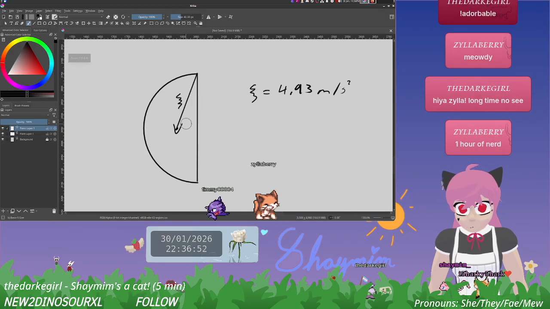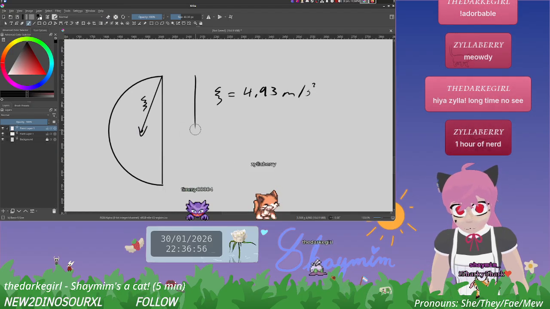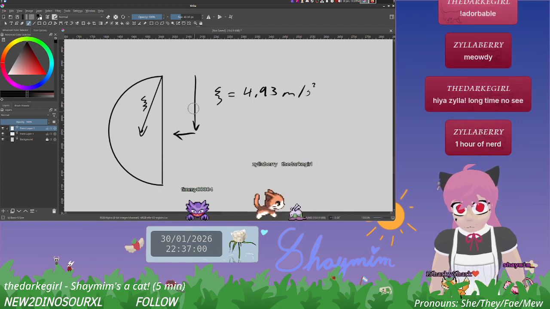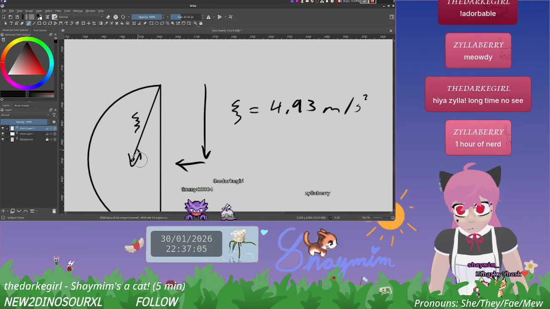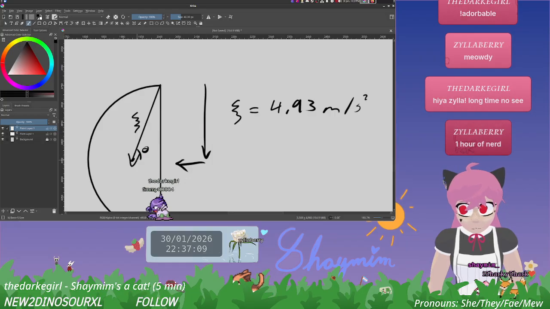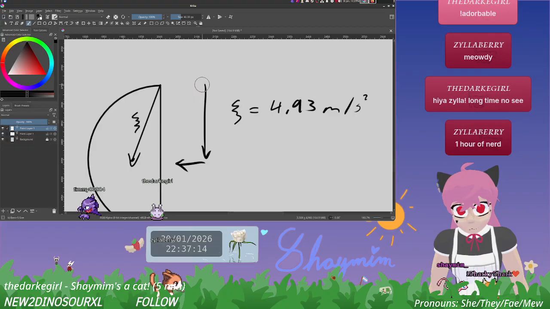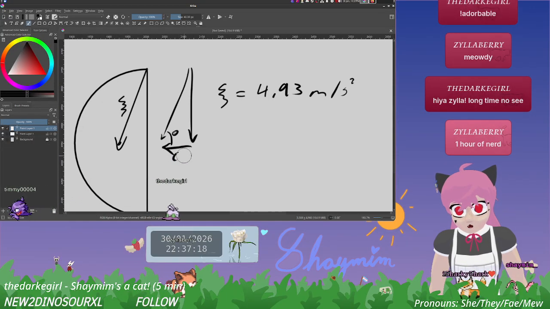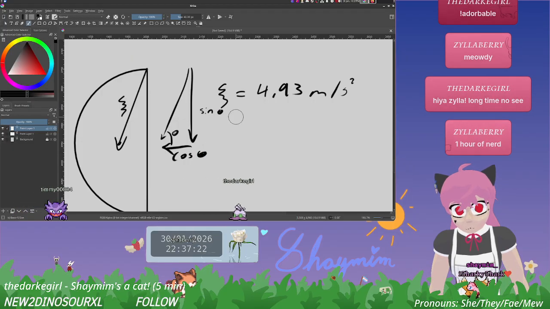But that is made up of two components, right? An x and a y. So we say theta is there, or we'll put it over here instead. We have theta and then cosine of theta and sine of theta.